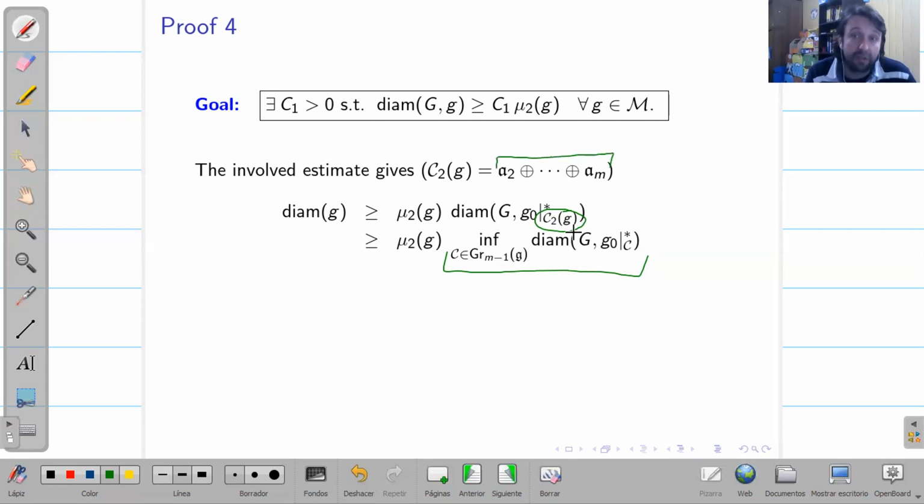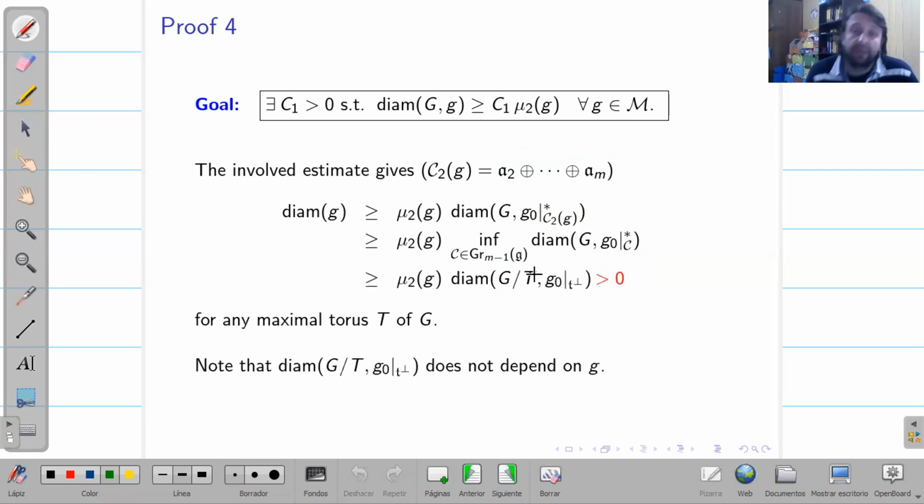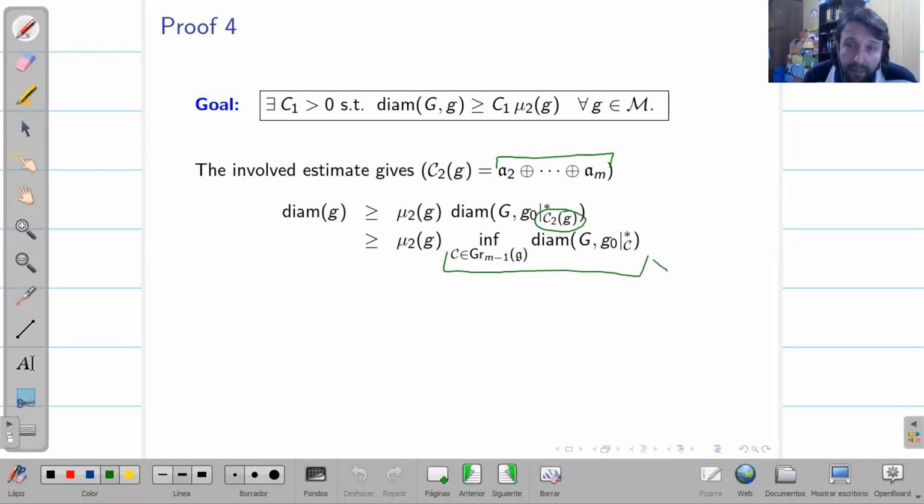This has dimension m-1. And this does not depend anymore on G. And the point is, we want to prove that this is a positive number, right? But now that this has codimension 1, you have only a one-dimensional direction that you can go for free in this non-Riemannian structure.